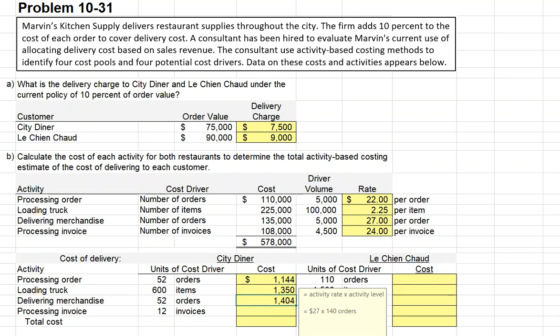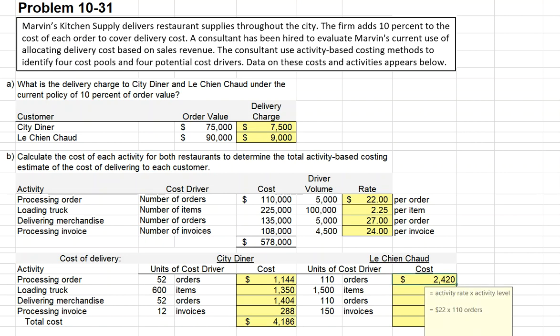For delivering merchandise, we allocate $1,404 by taking the $27 cost per order, multiplying it by 52 orders. For processing invoices, we'll take the 12 invoices and multiply it by $24 per invoice, for a total estimated or reported cost for delivering to City Diner of $4,186. For Lachine Shad, we repeat the process.